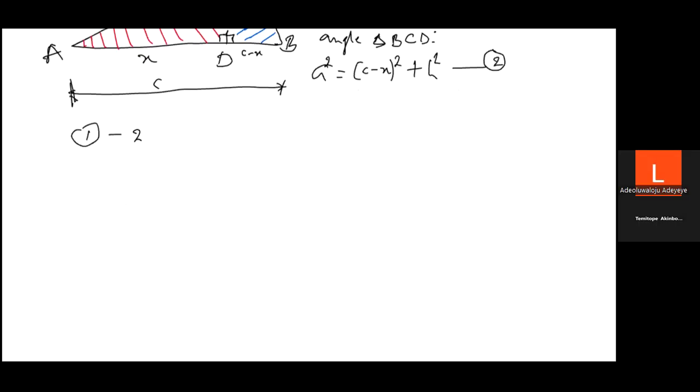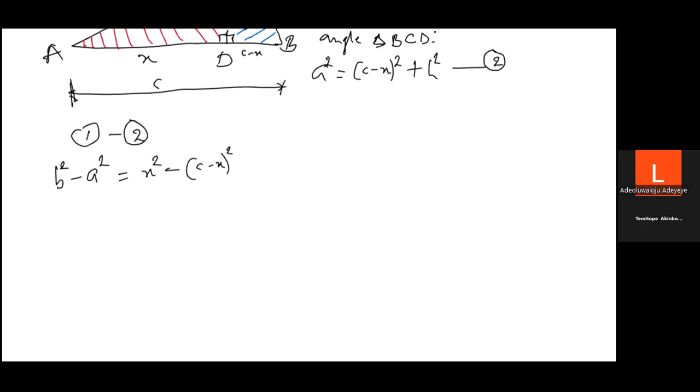If I say equation 1 minus equation 2, the left-hand side will be b squared minus a squared, equals the right-hand side, which will be x squared minus (c minus x) squared. Do you agree with that?